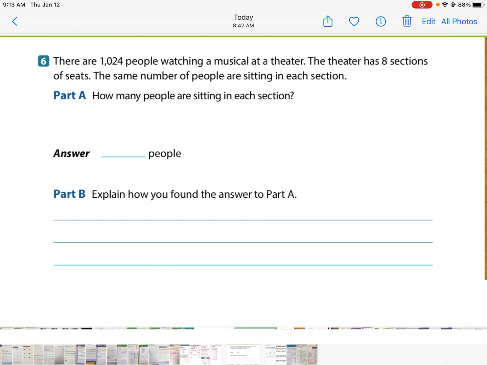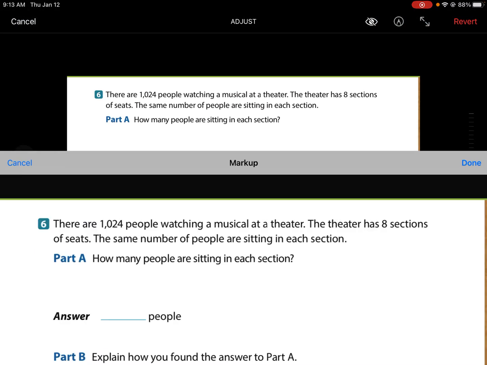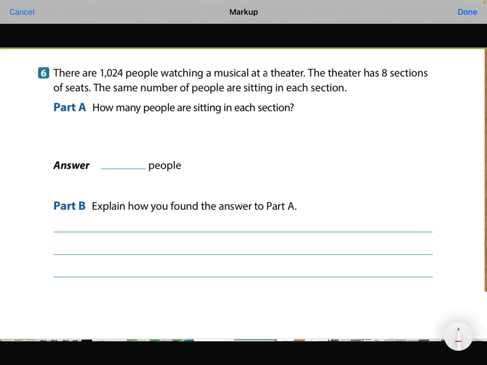Got us a story problem. There are 1,024 people watching a musical at a theater. The theater has 8 sections of seats. The same number of people are sitting in each section. Okay?